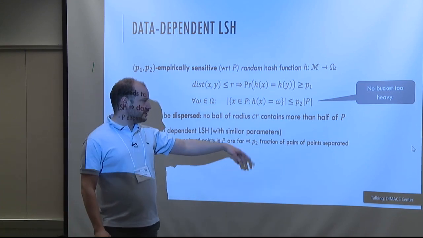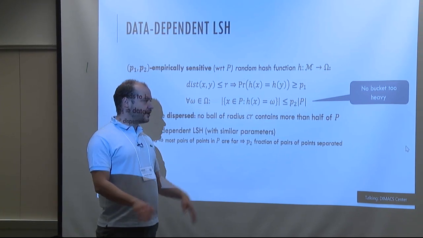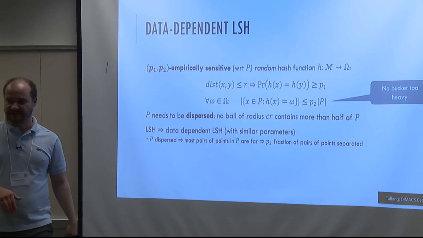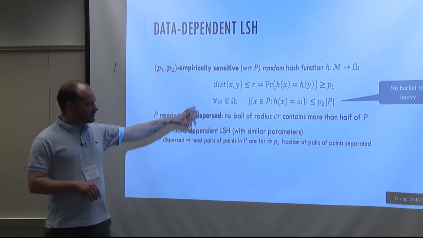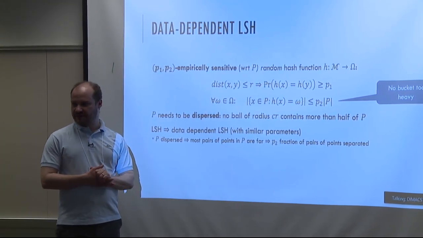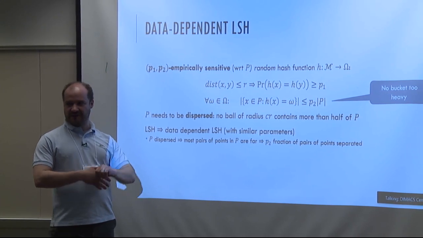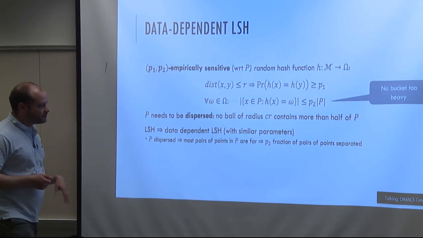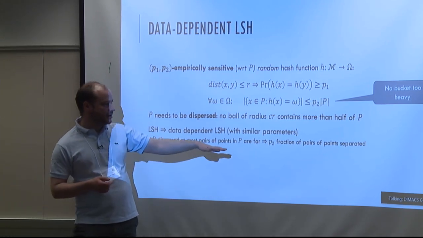So at least a P2 fraction of the pairs of far points will be separated, at least in expectation. So at least in expectation, this guarantee will be roughly satisfied. Again, I'm not doing the exact math, but the idea is because P is dispersed, most pairs of points are far.